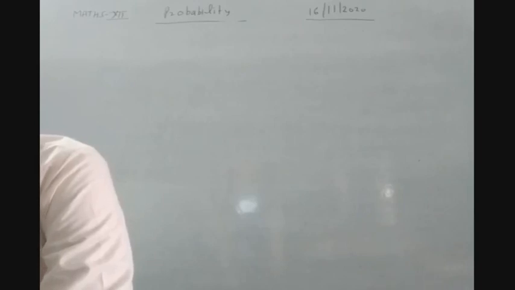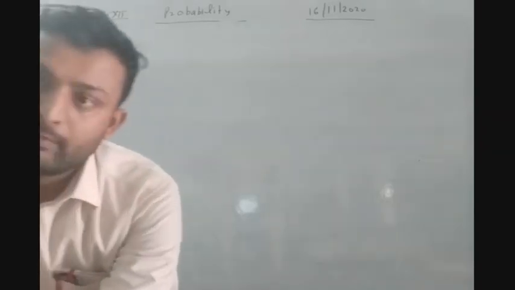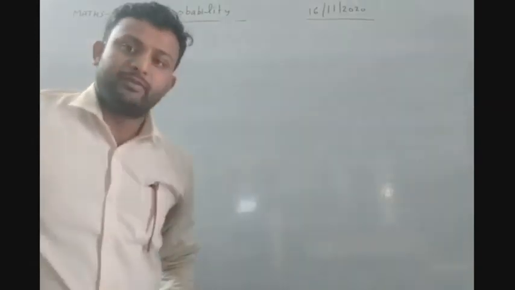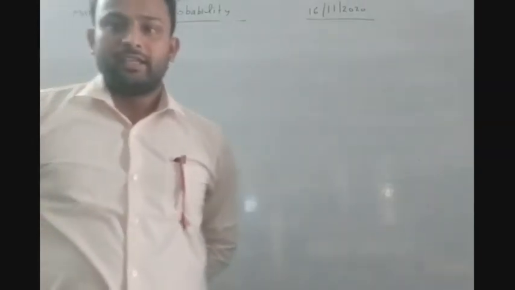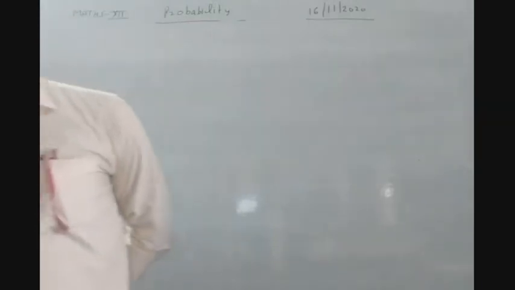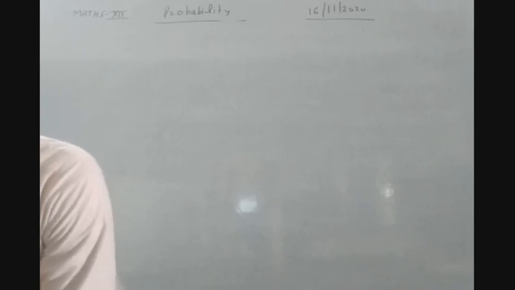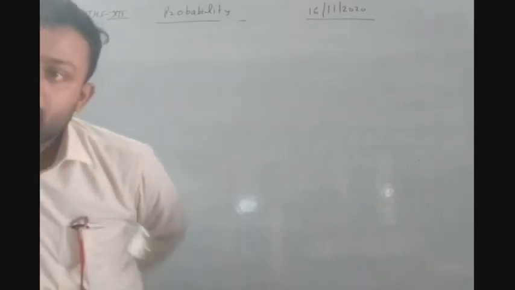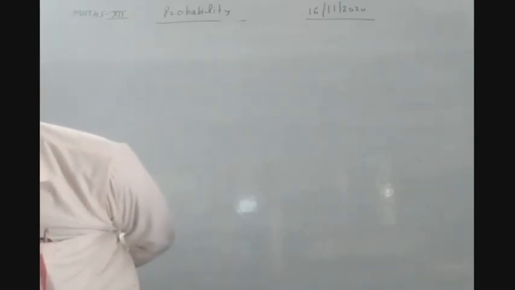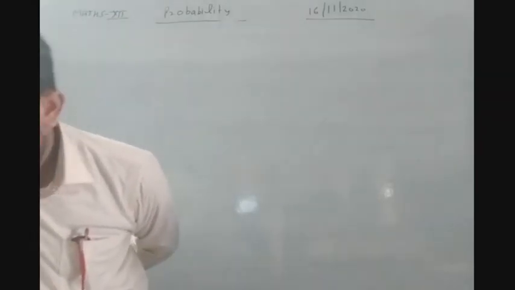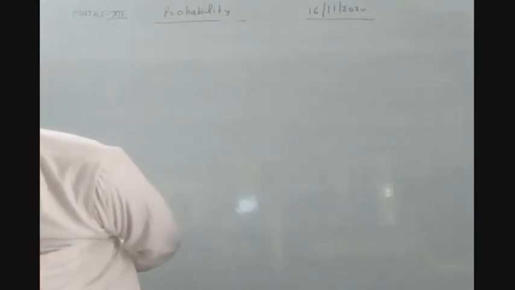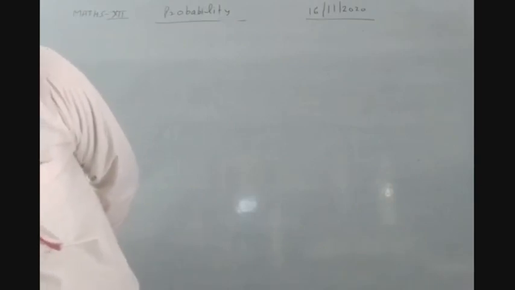Event E1 denotes the time taken by the operator A, and E2 is the time taken by the operator B, and E3 is the time taken by the operator C. Okay, and it is given that A is on the job for 50%, meaning probability of E1 is 50%, probability of E2 is 30%, probability of E3 is 20%. Okay, and our common event A is what? Defective item is produced.